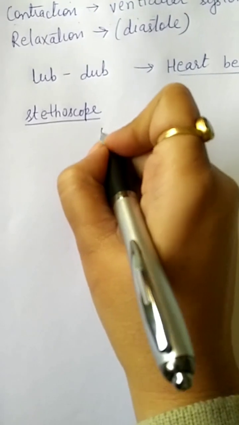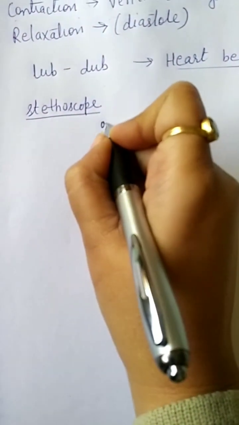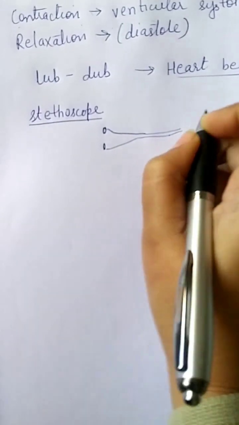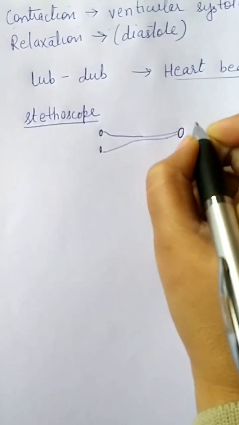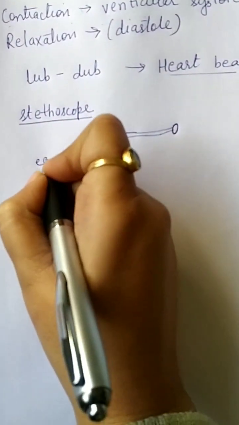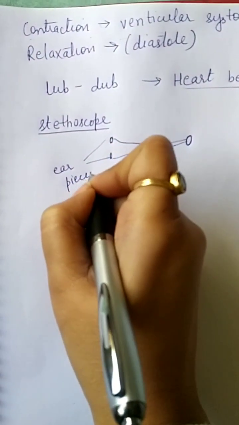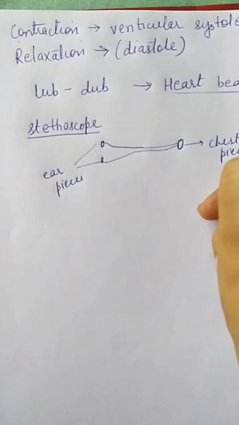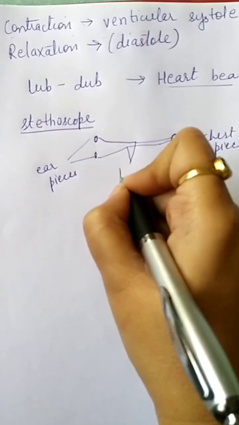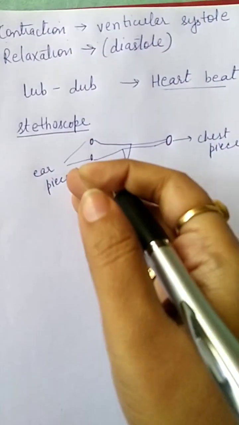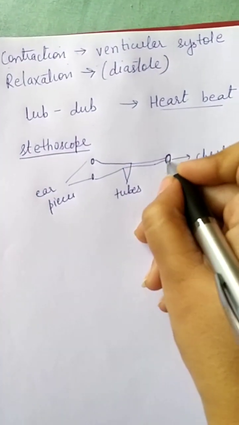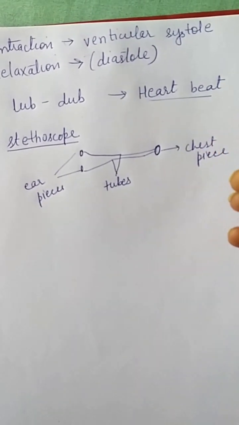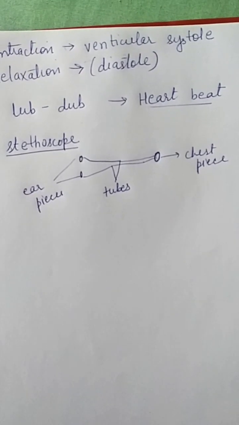A stethoscope is basically made up of two earpieces and a chest piece. These are the two earpieces and this is the chest piece, and these are two hollow tubes which pass the sound. See here, this chest piece has a very thin membrane which vibrates even on the slightest sound.